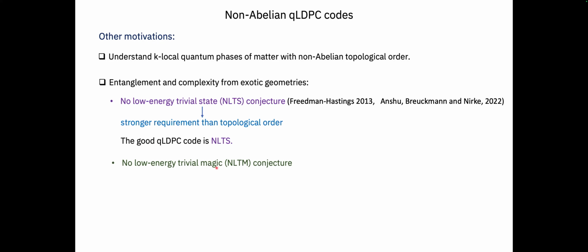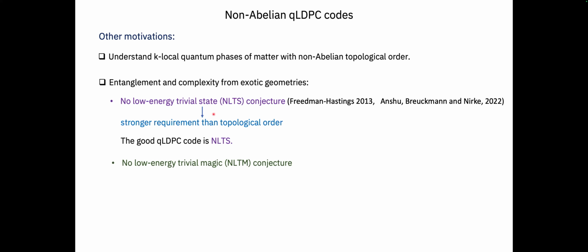Basically, this conjecture says that there exists a certain k-local Hamiltonian such that all its low-lying excited states below a certain energy density have magic, which means they are not stabilizer states. You cannot produce this magic by a constant depth circuit from stabilizer states.